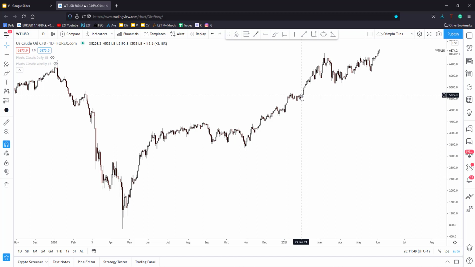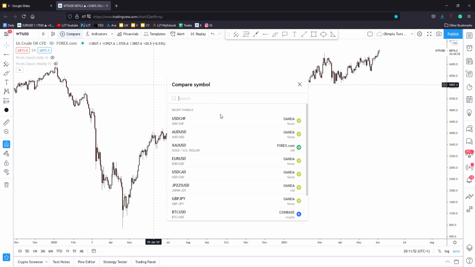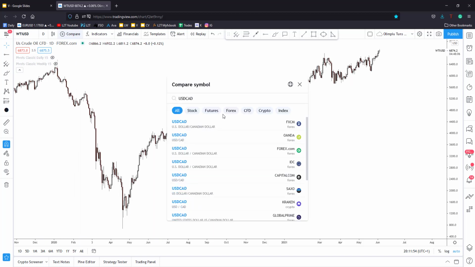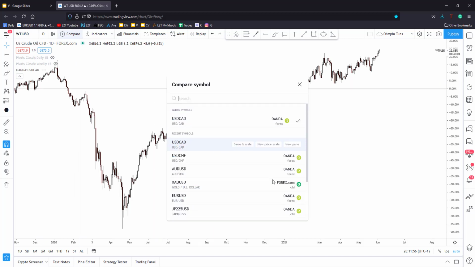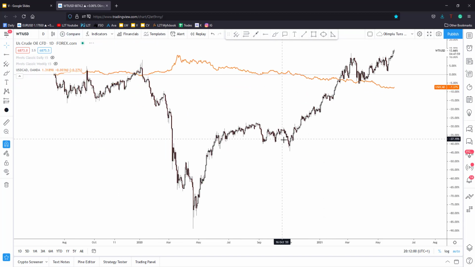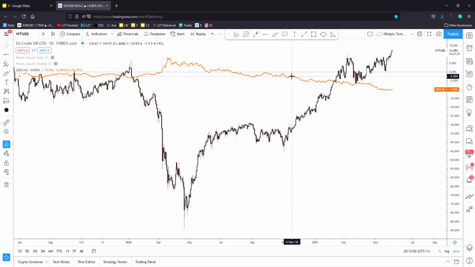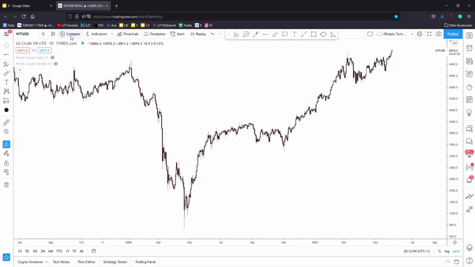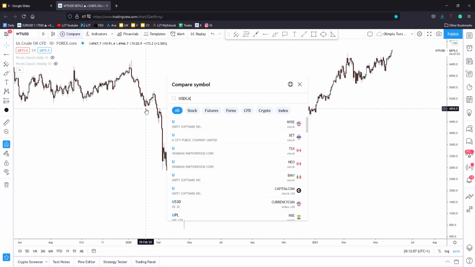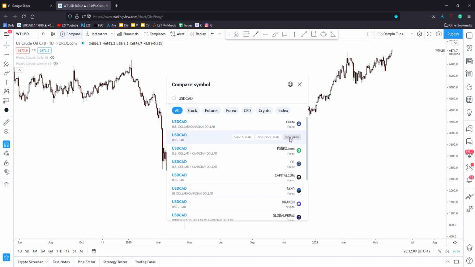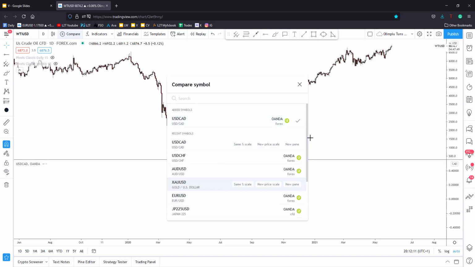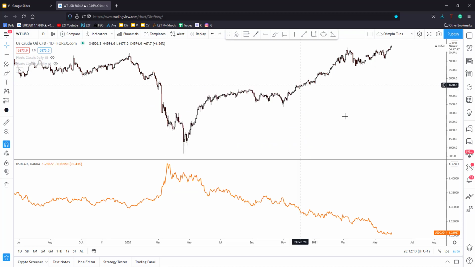One moment, and let's compare it with the US dollar versus the Canadian dollar on the same scale here, or let's use maybe another US dollar versus the Canadian dollar here. So please take a look here at this one.